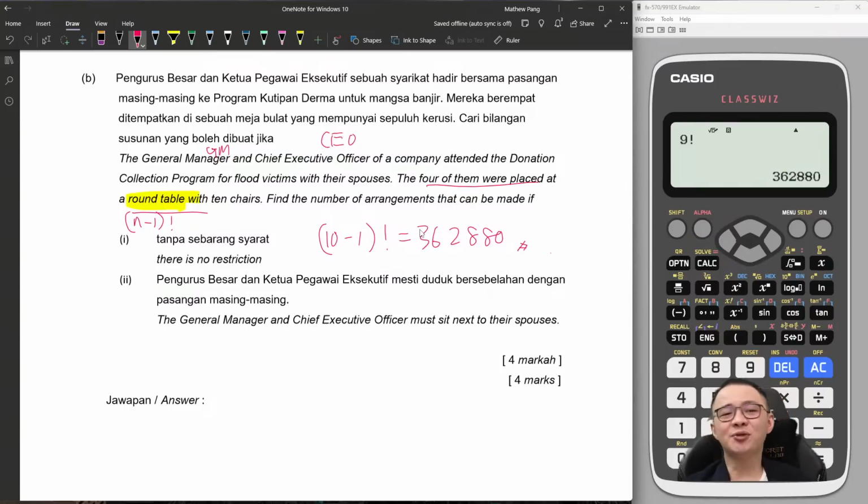Here some students might have the question, sir, why don't you do something like 10P4, or 10 minus 1 factorial P4? Why don't we do it like that? Because these 4 people can sit on any of the 10 chairs, so I would just assume they have the 10 chairs like that.